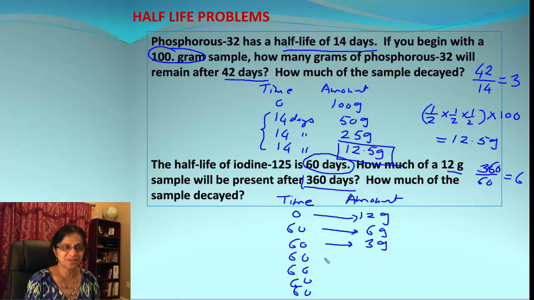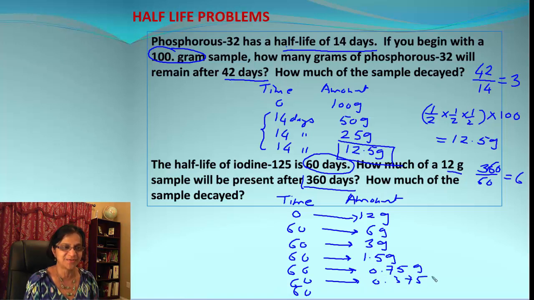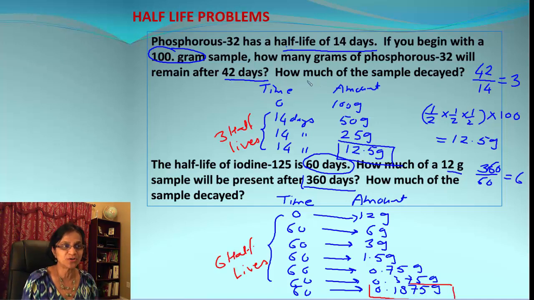From there, we go to 3 grams, and so on. Half of 1.5 is 0.75 grams. That goes down to 0.375 grams. And the final answer is 0.1875 grams.